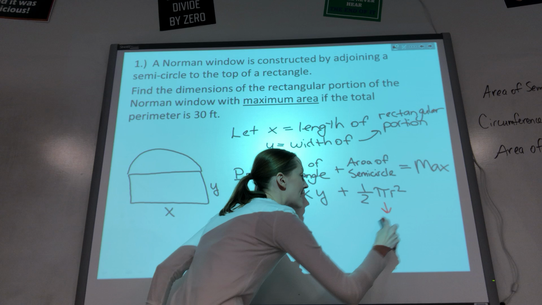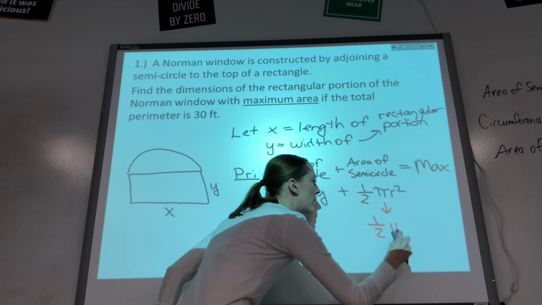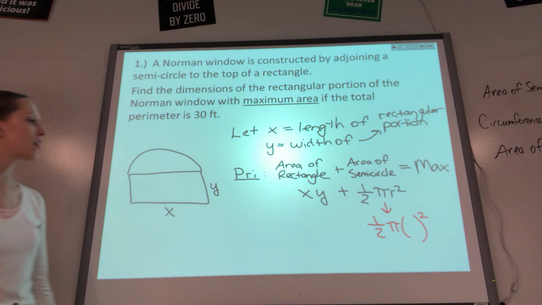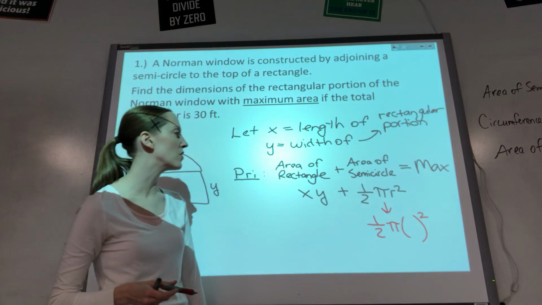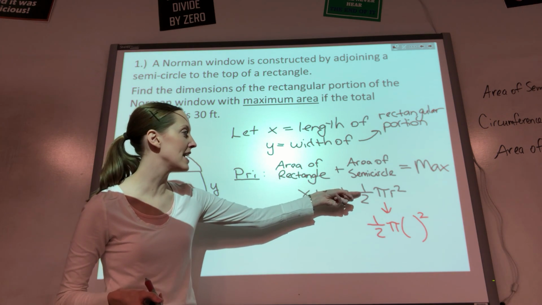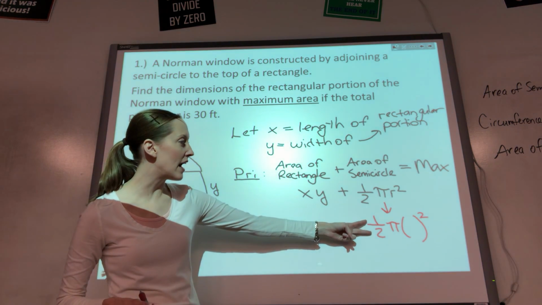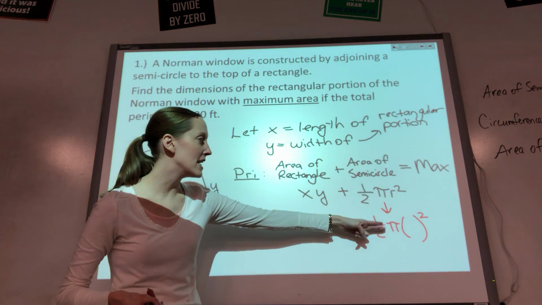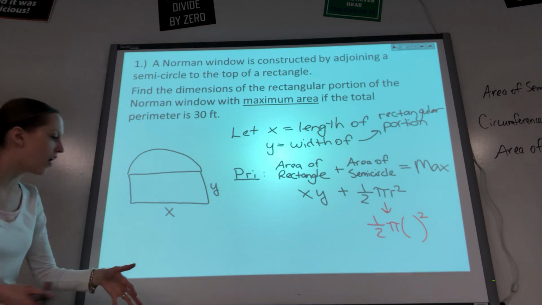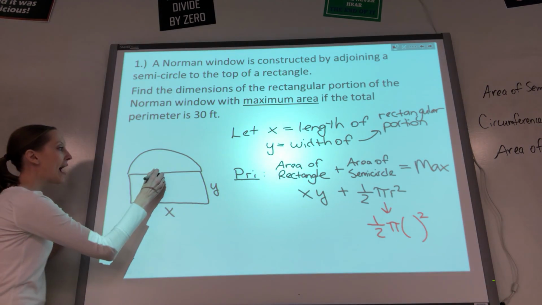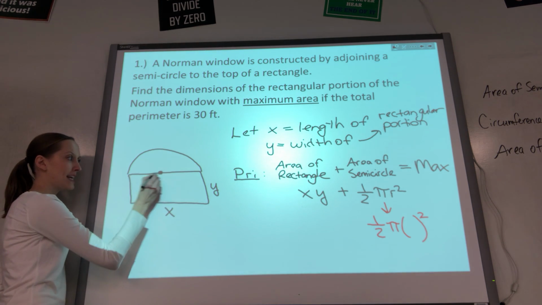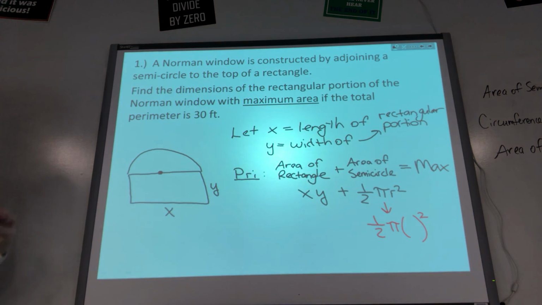So let me go a little bit further with this formula, and you can write these steps down in your notes too. But in a second, I'll go back and fix what I have right here. The 1/2 is fine, the pi is fine, the square is fine, but I don't want to leave r as r. Let's actually figure out what the radius would be of this semicircle.